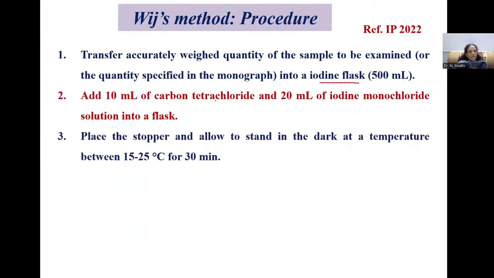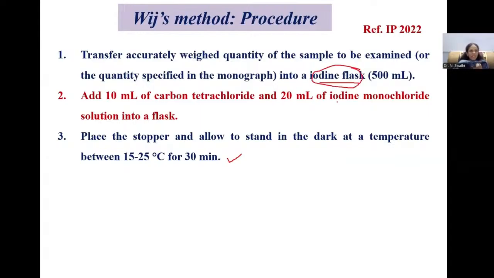Now once we add iodine monochloride, immediately we have to stopper the flask and keep this iodine flask in the dark at low temperature for about 30 minutes. Observe one important point here, students. In acid value determination and saponification value determination, we take the sample in a conical flask. But in the iodine value determination, we are supposed to take the sample in an iodine flask.